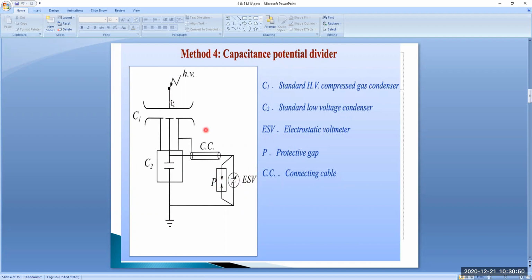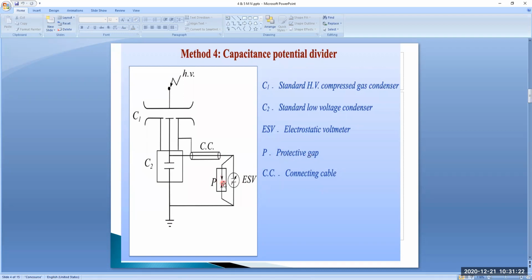Because of very high voltages, any one of the capacitors may be damaged, leading to very high current and voltages. If capacitor C1 is damaged, a very high voltage appears across the electrostatic voltmeter, which cannot withstand that much voltage. That's why we need a protective device, which is called P, the protective gap.